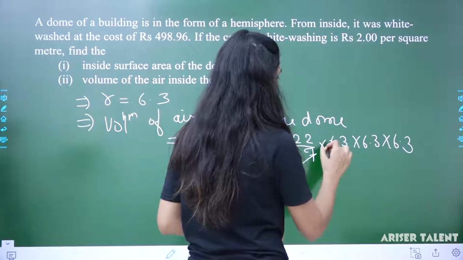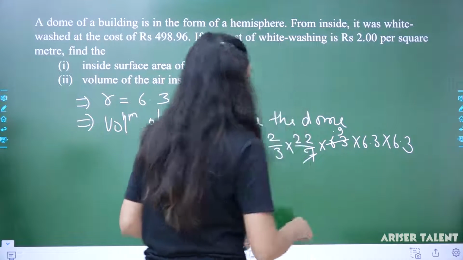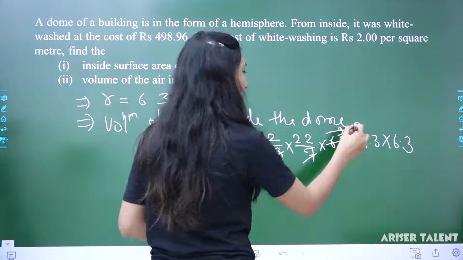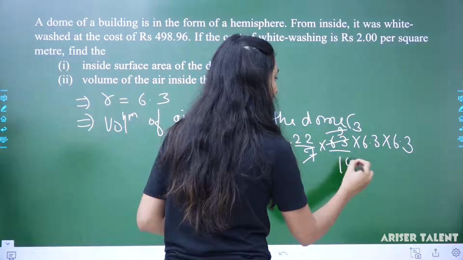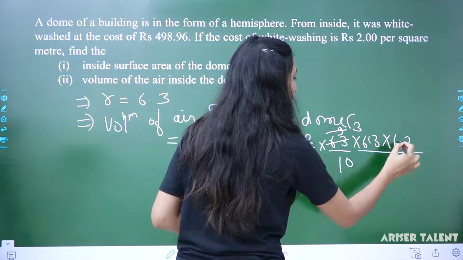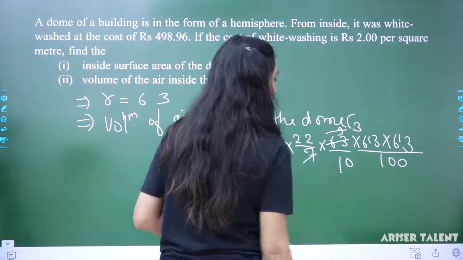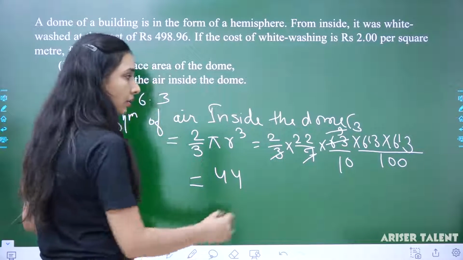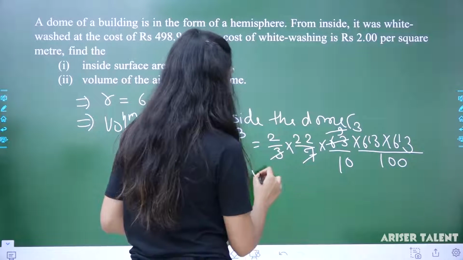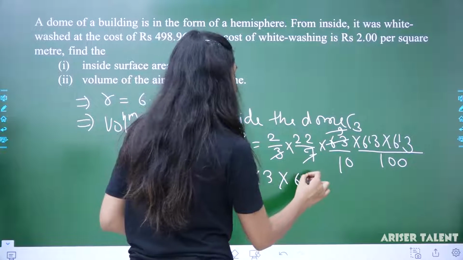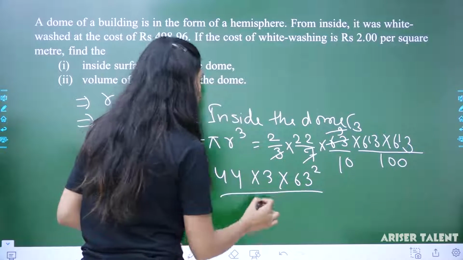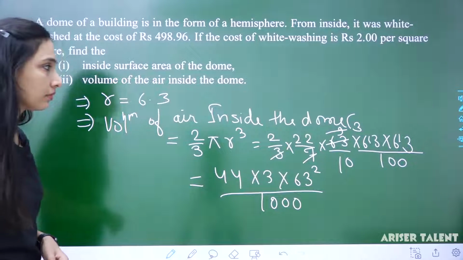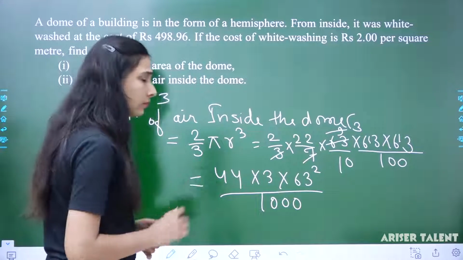That is going to be 44 multiplied by 3 multiplied by 63 square divided by 1000.